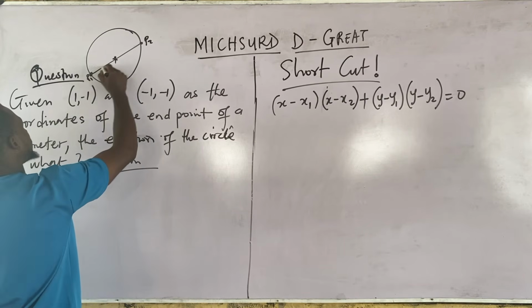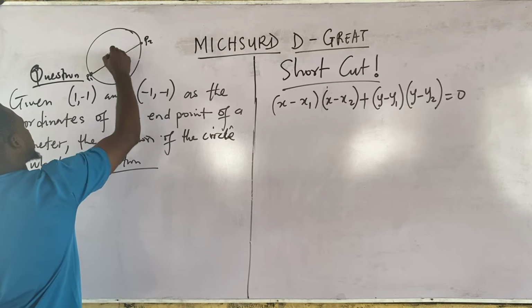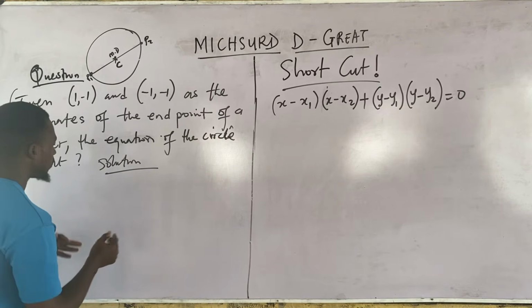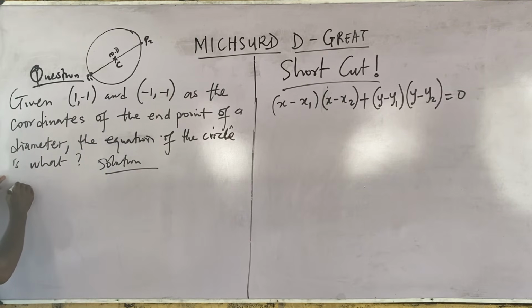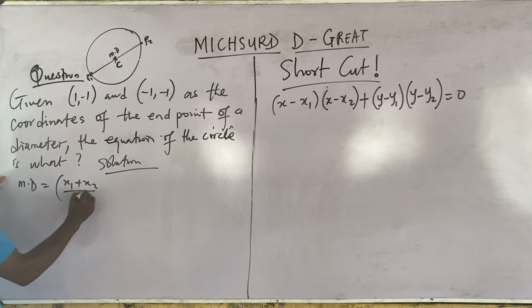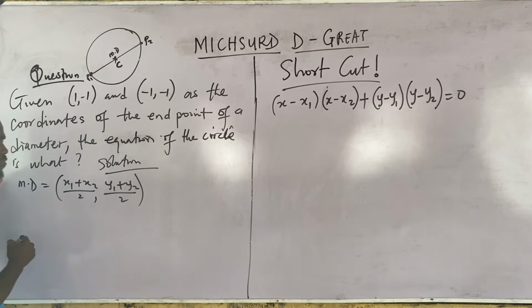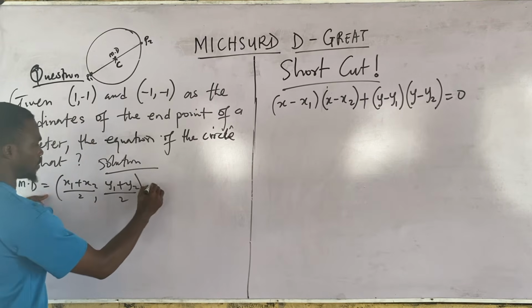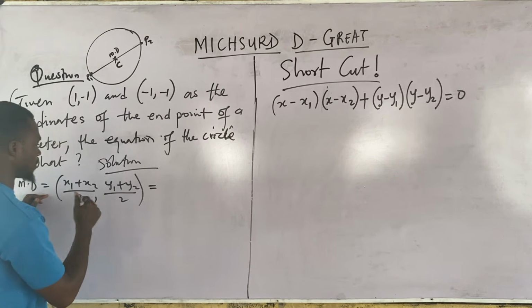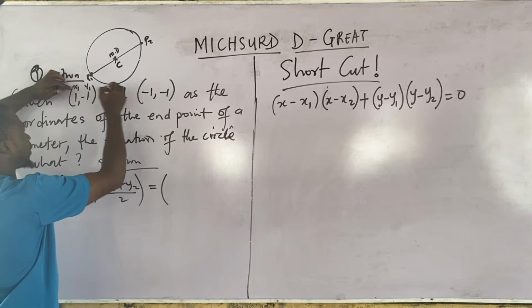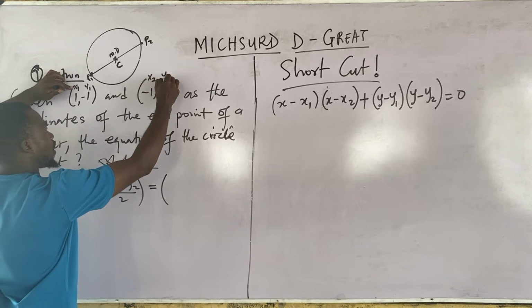So you can see the midpoint of the diameter is actually the center of the circle. So how we get the midpoint is given as x1 plus x2 all over 2, y1 plus y2 all over 2. So we can get the midpoint here, which is the center. So from here is our x1, y1, and x2, y2.